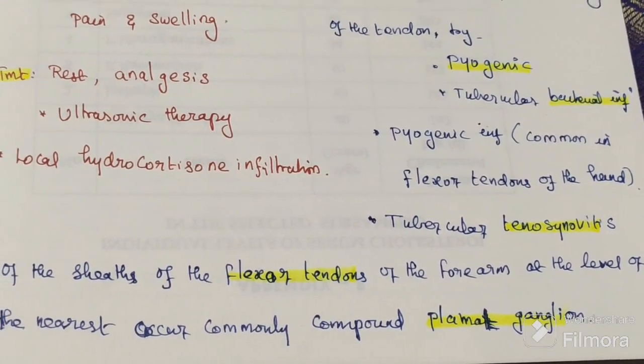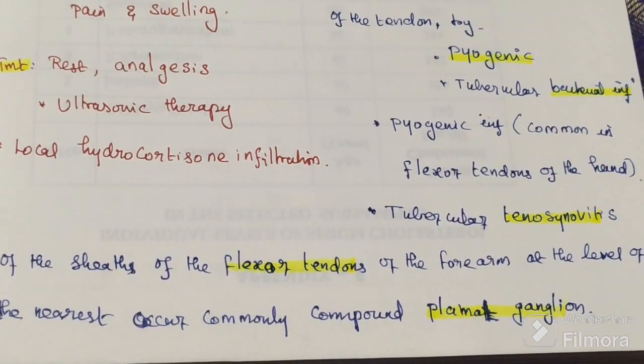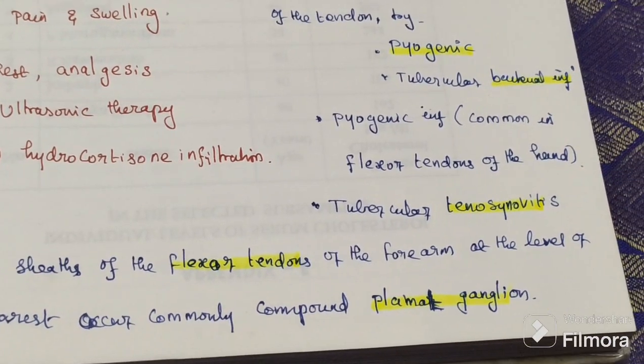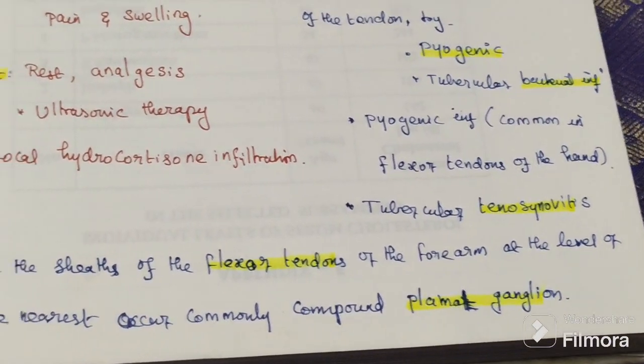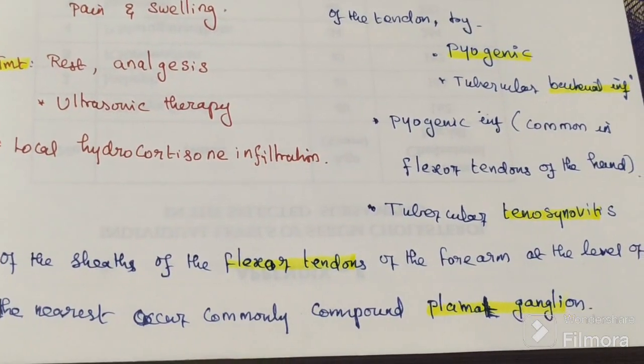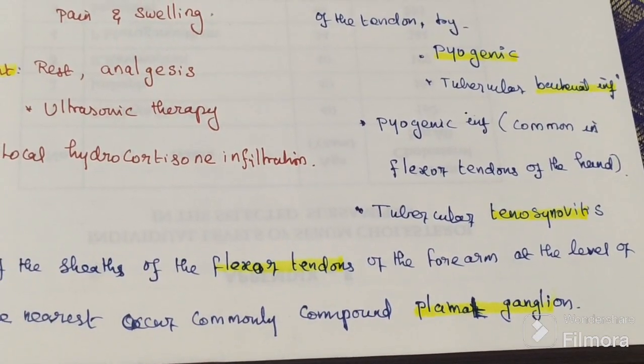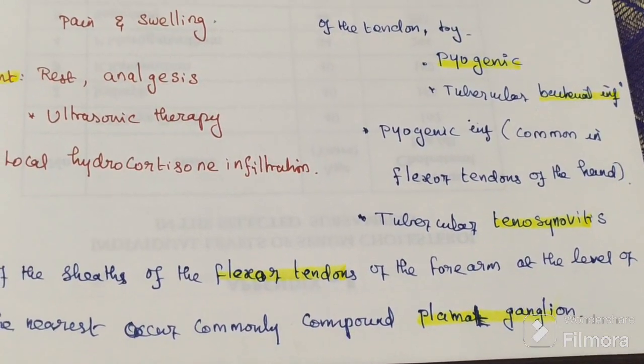Tubercular tenosynovitis of the sheath of the flexor tendon of the forearm at the level of the wrist occurs commonly as compound palmar ganglion.